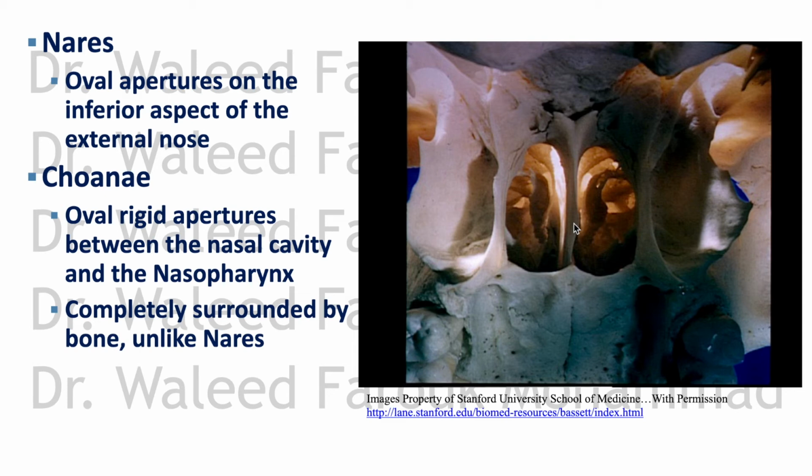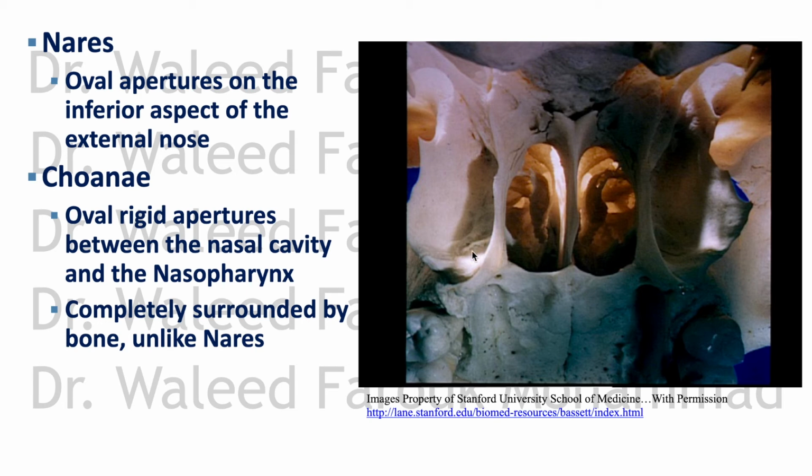On the contrary, on the anterior side, it tapers anteriorly as a triangle. The anterior openings are called the nares. Nares are the openings in the cartilaginous nose or the external nose. Now, the big difference here: note that the posterior openings open horizontally into the nasopharynx, while the anterior openings, the nares, open inferiorly, not horizontally.